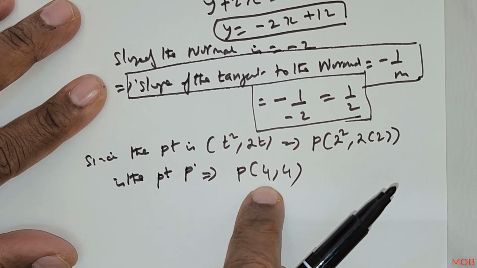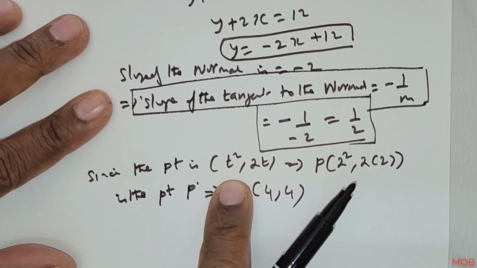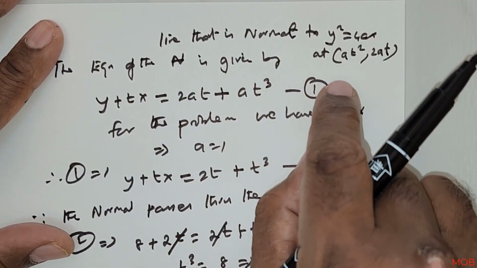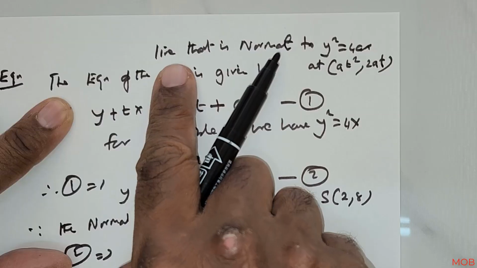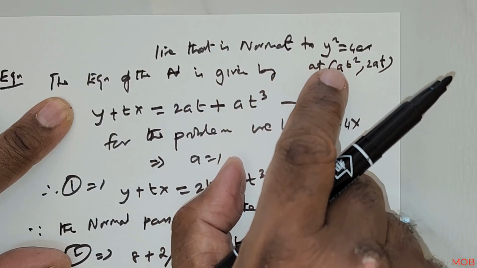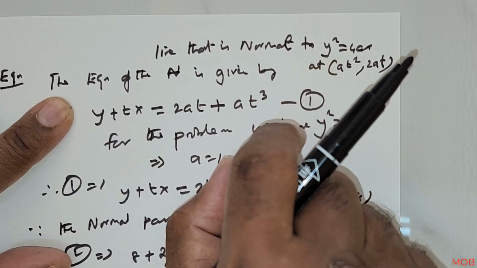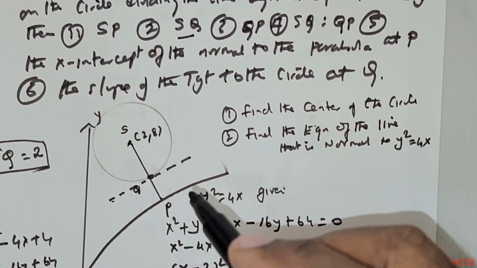So why do we say that P is t squared comma 2t? The fact we say P is t squared comma 2t is because of the equation of the line that is normal. So P is actually the point that is normal to the parabola.